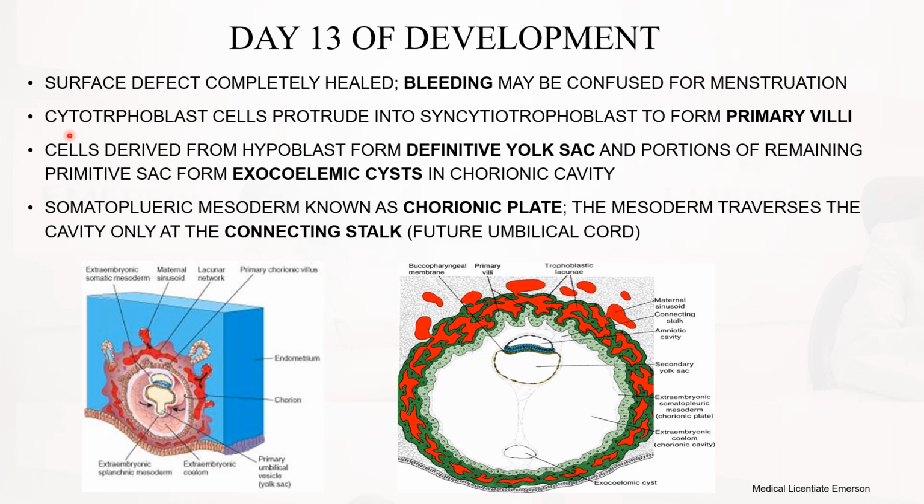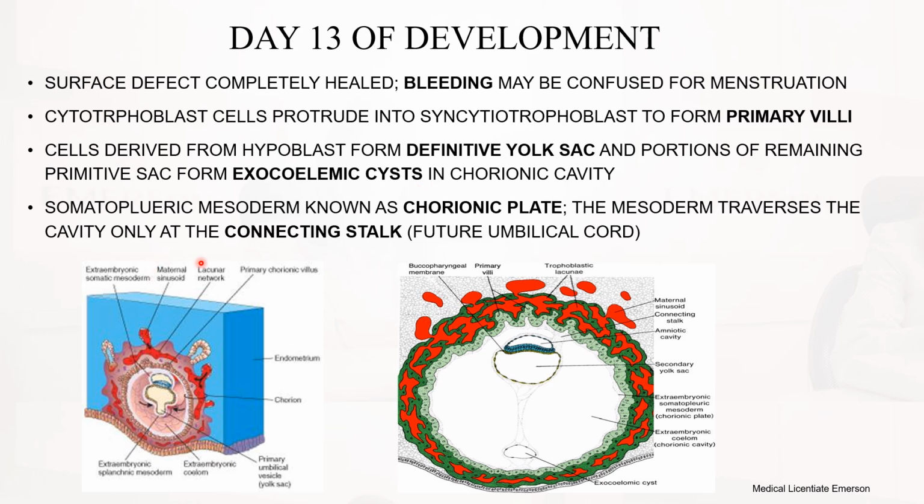Then next, we have the cytotrophoblast cells which protrude into the syncytiotrophoblast to form the primary villi. Then the cells derived from the hypoblast form the definitive yolk sac, and portions of the remaining primitive yolk sac form the exocoelomic cysts in the chorionic cavity.